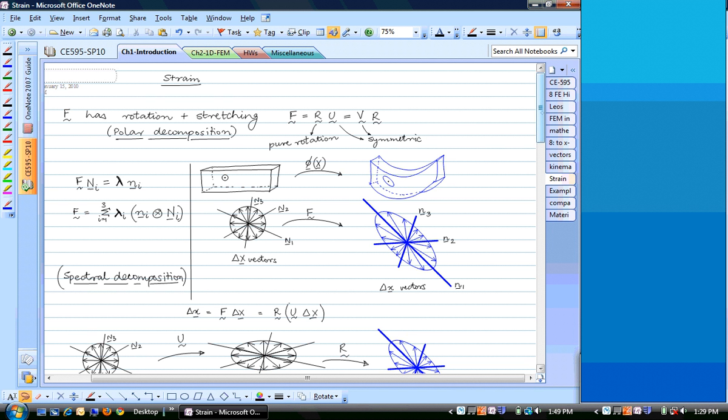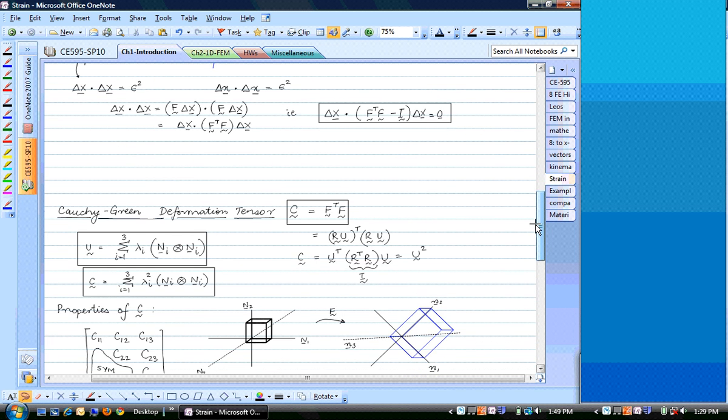But now this tensor C has eliminated the effect of R. So even if there is rigid body rotation, C will not take into account the rigid body rotation. C will take into account only pure stretches, pure straining.